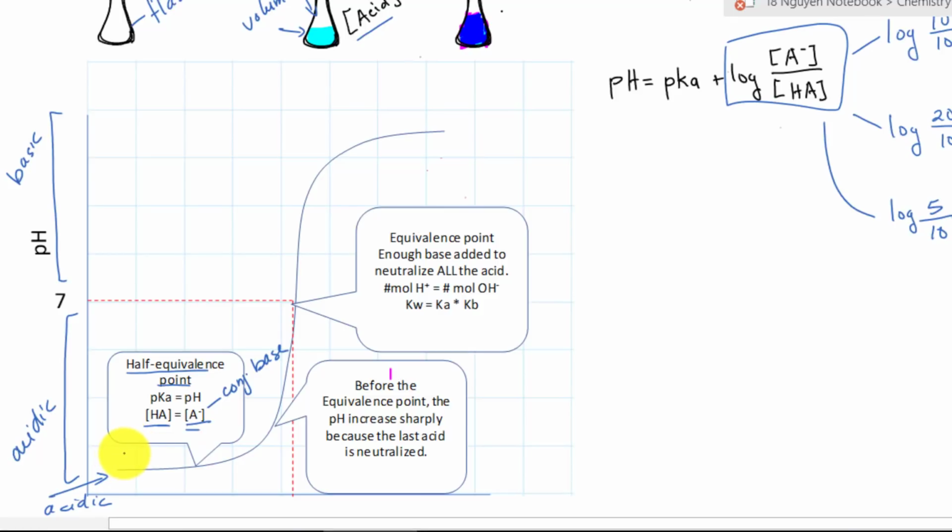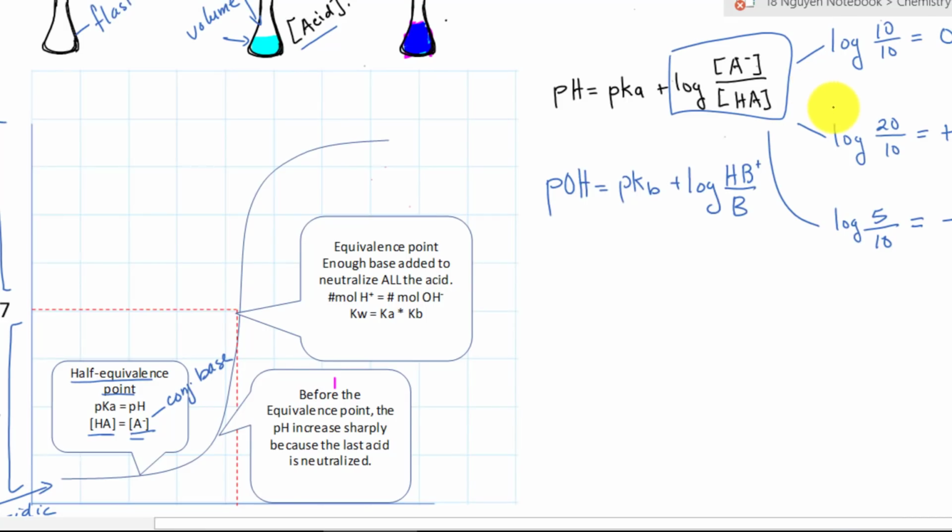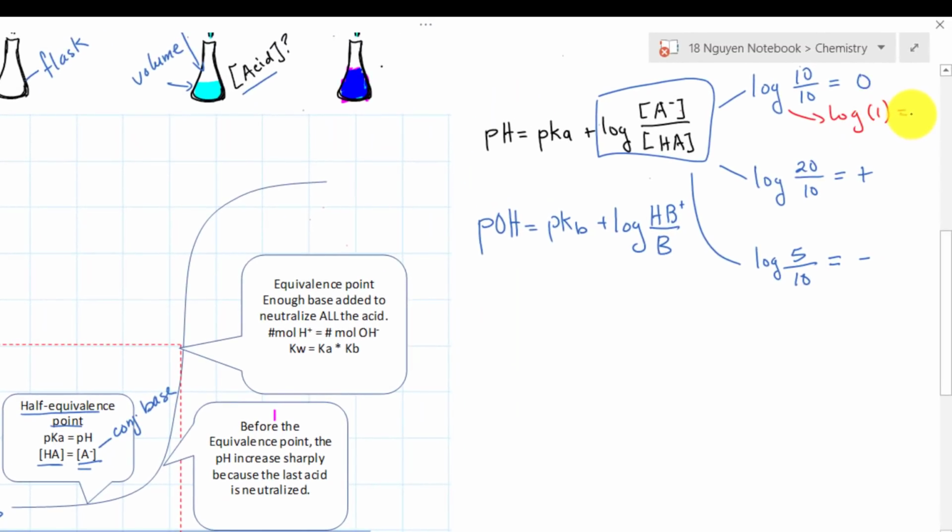Now, why is that important? If we look at the logarithm rule, if you have the log of 1, log of 1 is equal to 0. Now, why is the number 1 so special? Well, the number 1 indicates that the top part is equal to the bottom part.